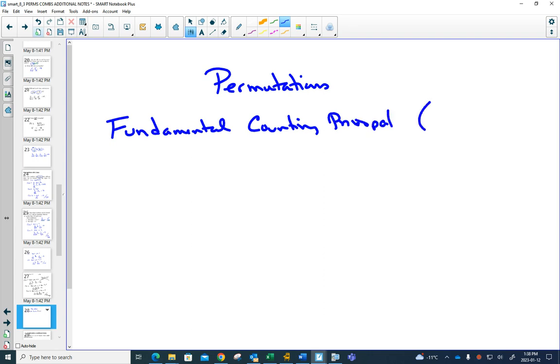which is basically the spaces technique. You make a space for each decision. Number of choices go into each space. That's the fundamental counting principle. Within that fundamental counting principle, we have sometimes added restrictions.